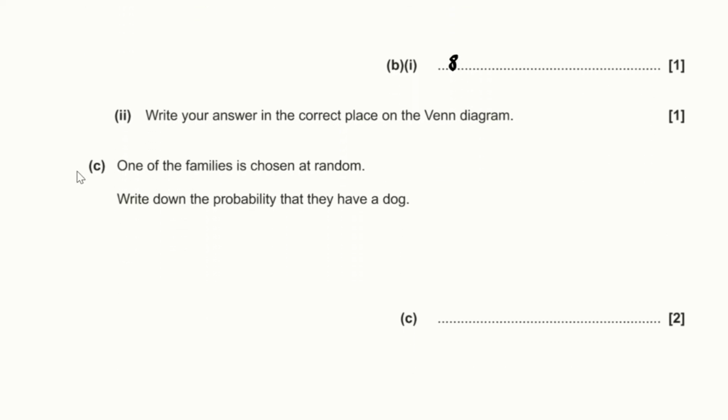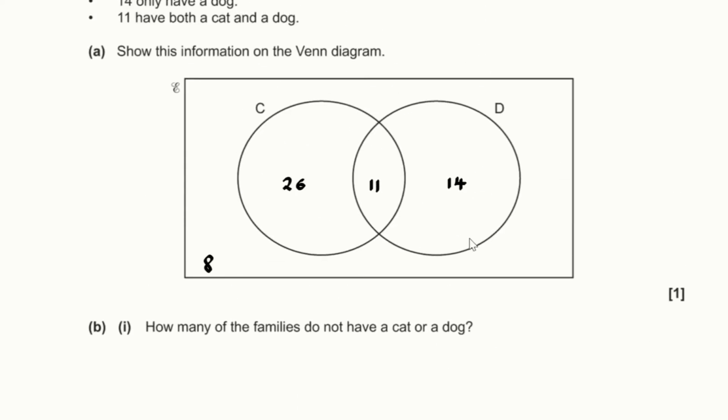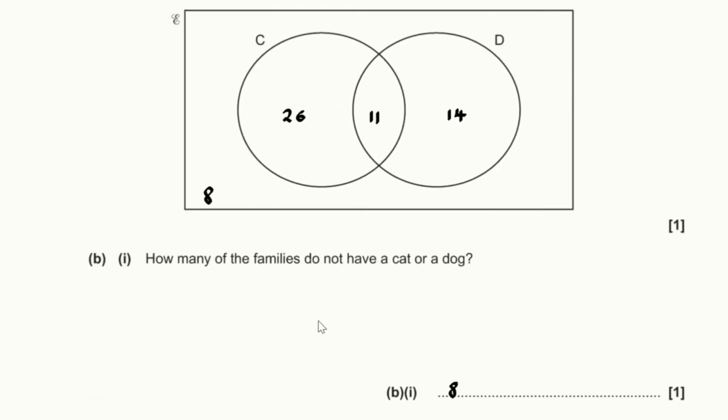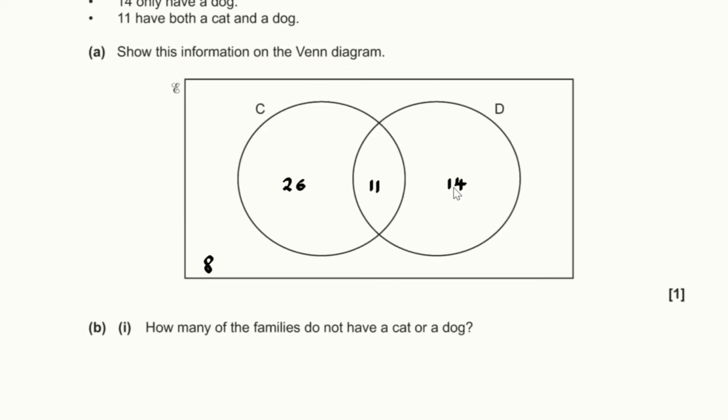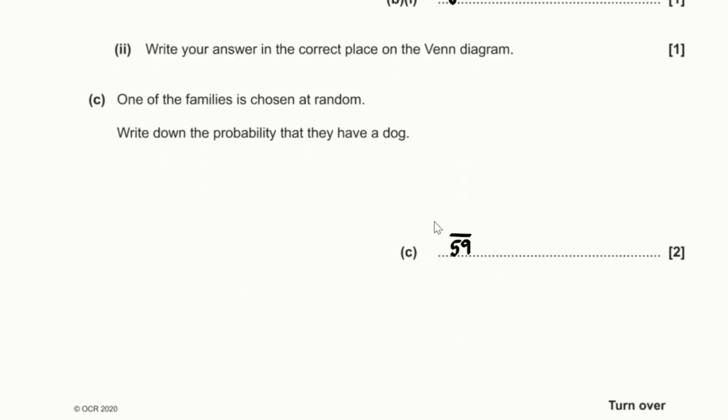Now for part C, one of the families is chosen at random. We have to write down the probability that they've got a dog. Well, out of 59, the number who have a dog, we've got 14 plus 11, which is 25.